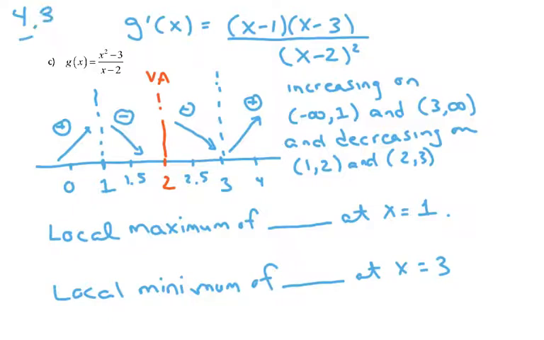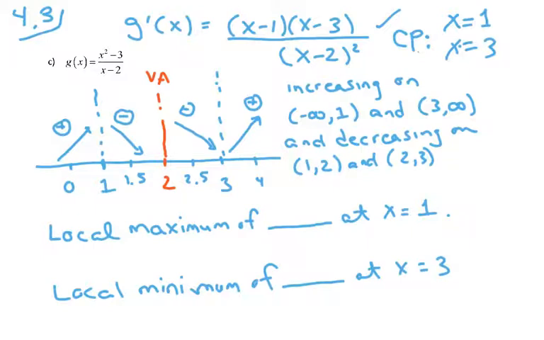We left off talking about this function, and we had found the derivative and the critical points, x equals 1 and x equals 3. That makes the derivative equal to 0.